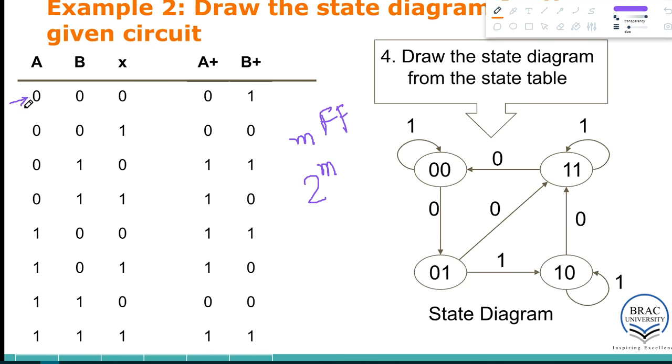If the present state is 00, then for input 0 the next state is 01. Similarly we can show the transitions for all the states just like the previous problem. This is how you can build a state diagram from a circuit diagram.